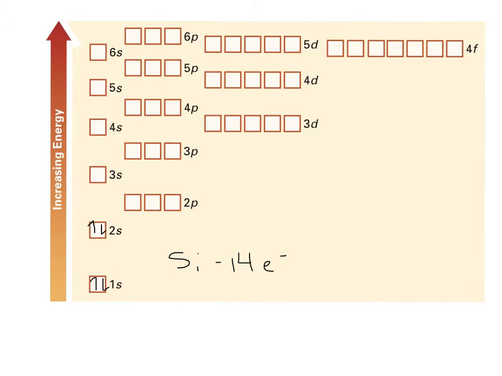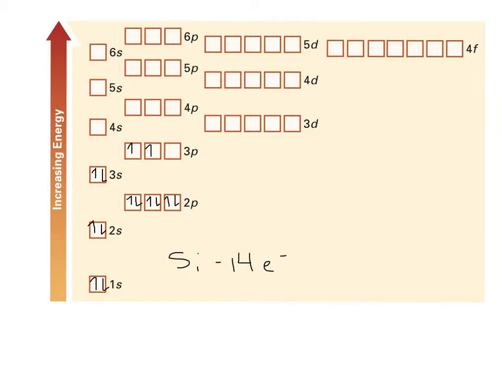And the next cheapest room is 2p, and following Hund's rule, we would go 5, 6, 7. We would fill those that way first, and then double up 8, 9, 10. And we're not there yet, so we've got to keep going. Then we go 11, 12, and we need 2 more because we need 14. So we're going to come in here, 13, 14.